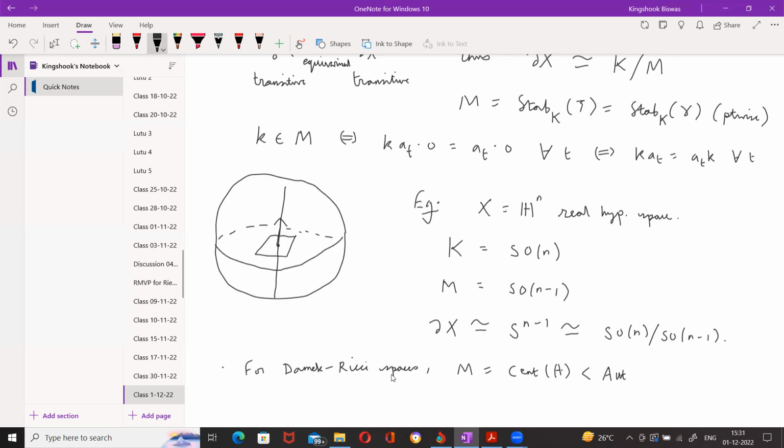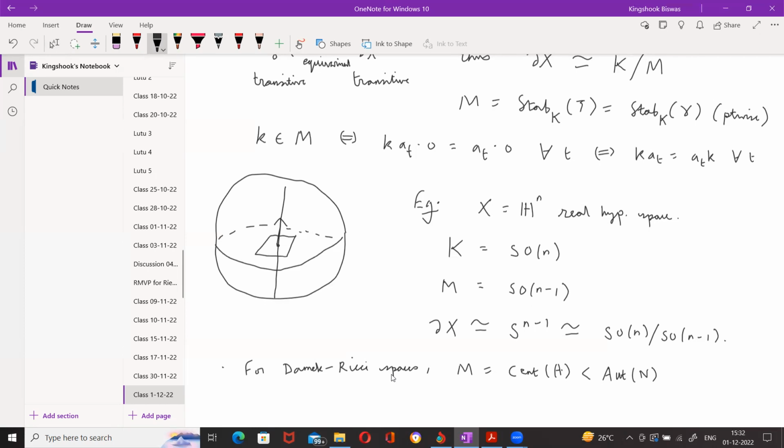So A acts on N by automorphisms, right? So M is identified with a subgroup of Aut N. I think that is so. For any symmetric space, K is always identified with a subgroup of SO(n), because you look at the action on the tangent space at the origin.